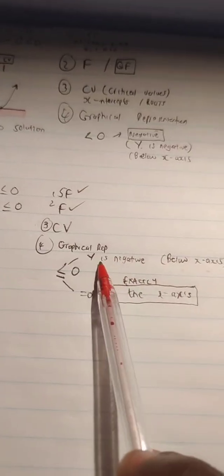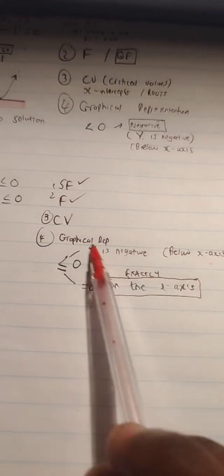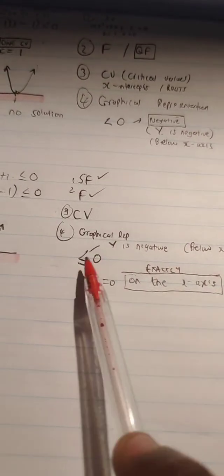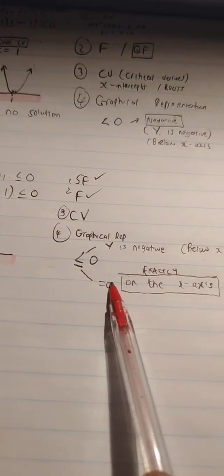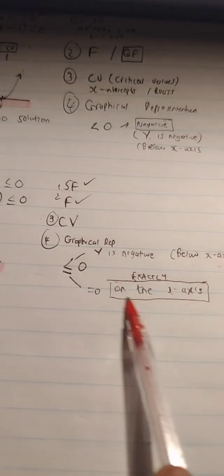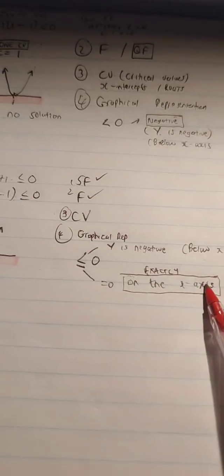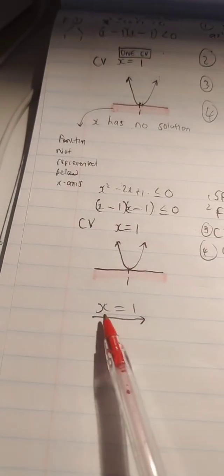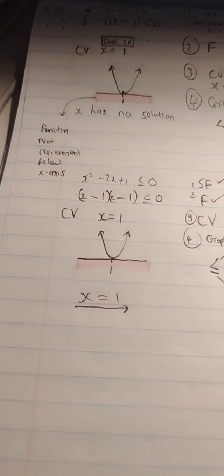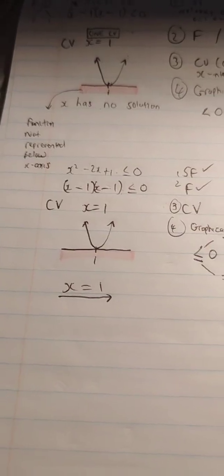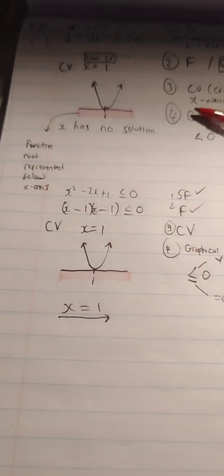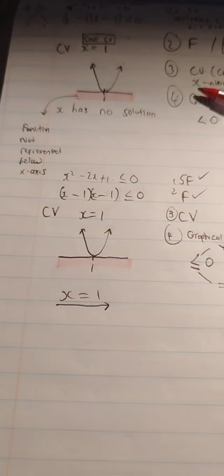The less than part means where y is negative. There's no answer there. Or where equal to 0, that means on the x-axis. Is there a place where the function is on the x-axis? Yes, where x is equal to 1. That is where the function is on the x-axis. So x is equal to 1. We accept that as an answer.